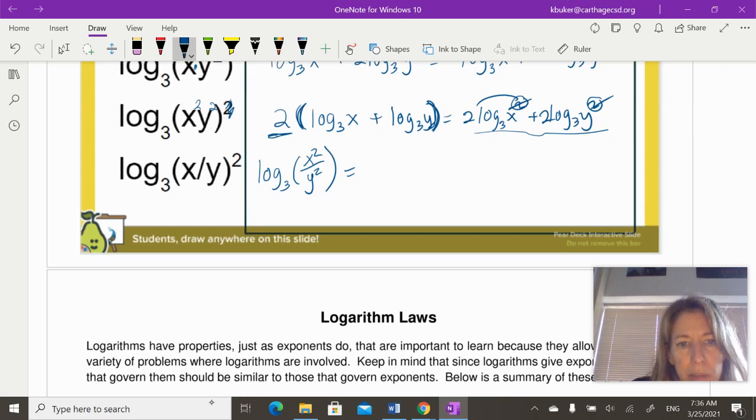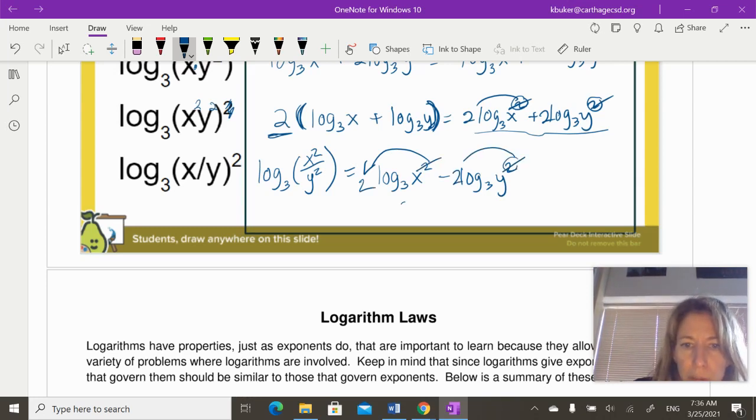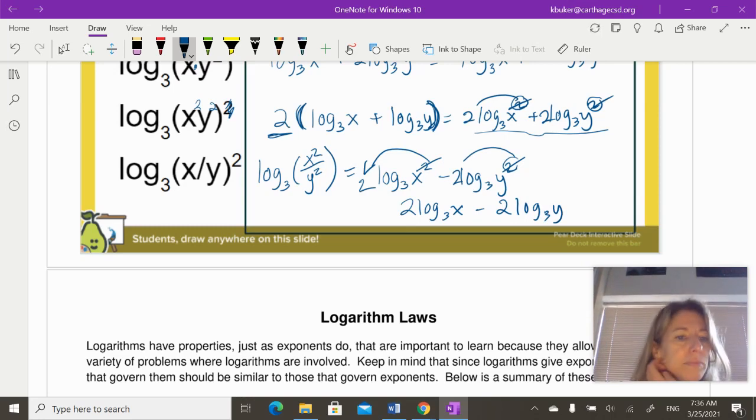So maybe you want to distribute the exponent first, and since this is division, it's going to turn into subtraction. And then I do not leave those exponents up there. I bring them out front. So this becomes 2 log base 3 of x minus 2 log base 3 of y in expanded form.